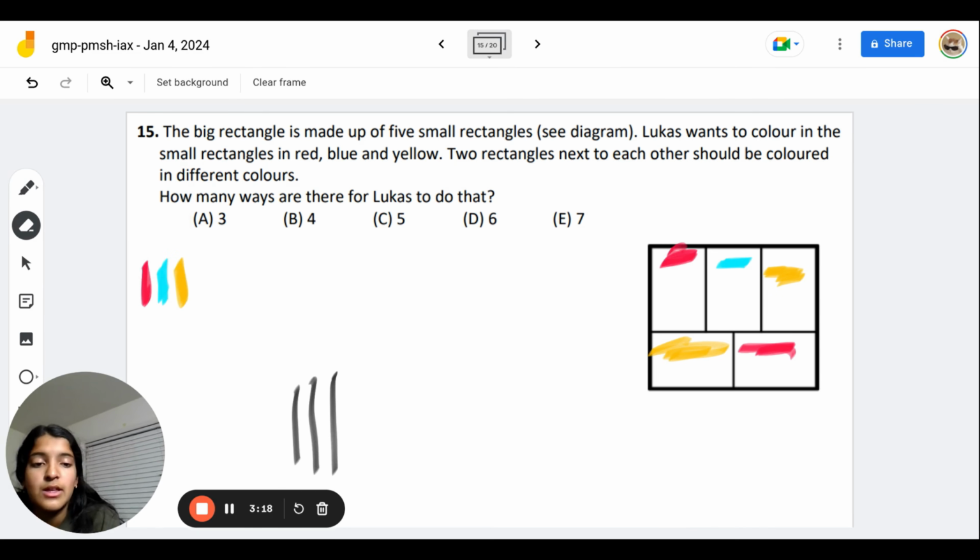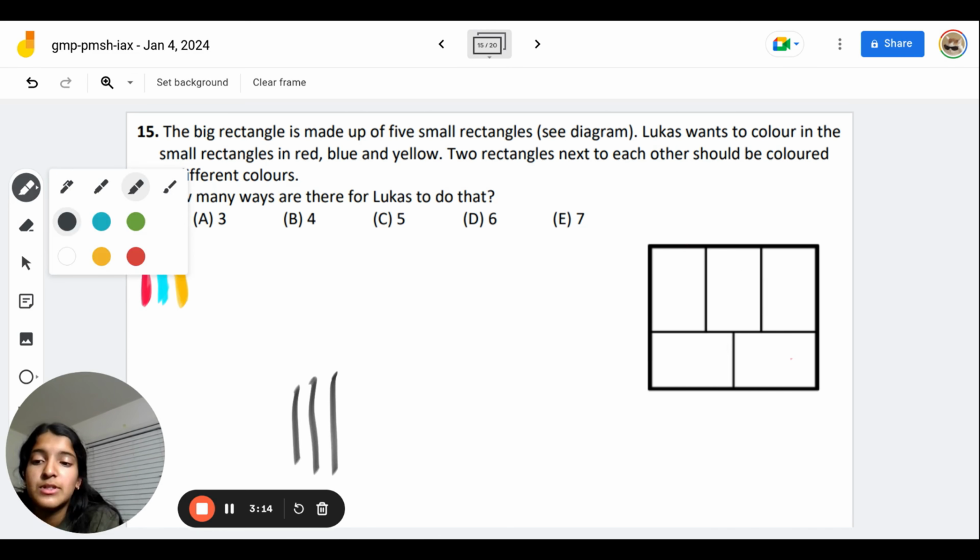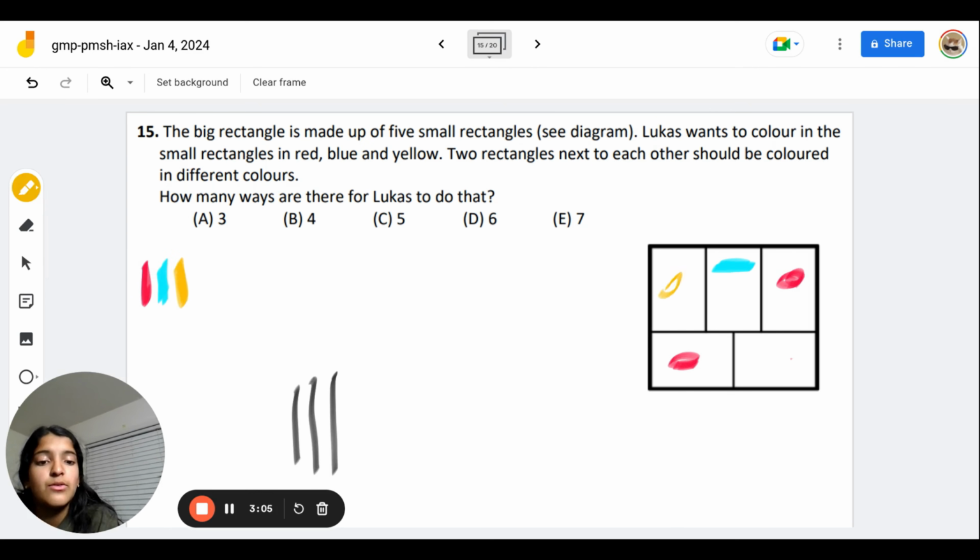And then let's go to the next one. We would have blue still in the center, and then we would just switch the sides for the red. So we would have red over here, and then we would have yellow over here and yellow over here. So that's our fourth combination.